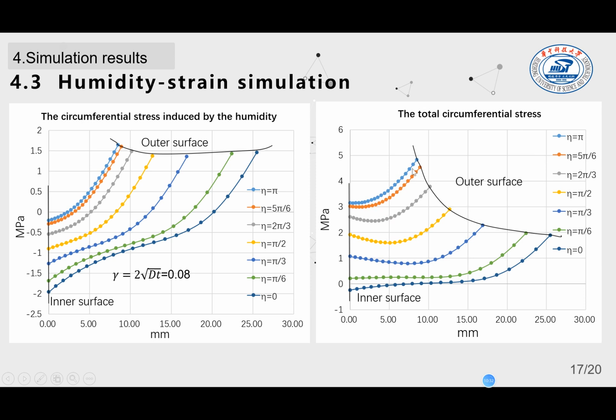It can be seen that the stress on the thin side is higher than the thick side, and when the circumferential surface is exposed to the air, the stress on the outer surface is higher than the inner surface.